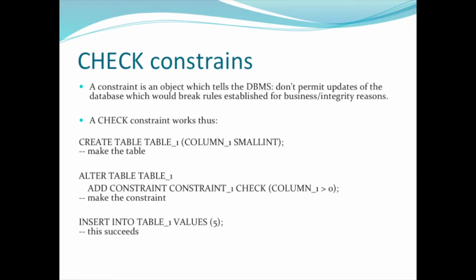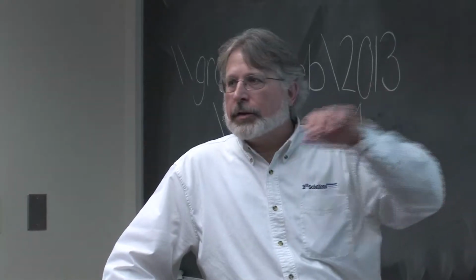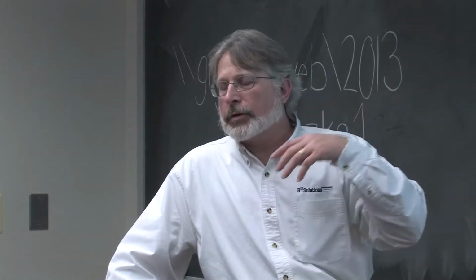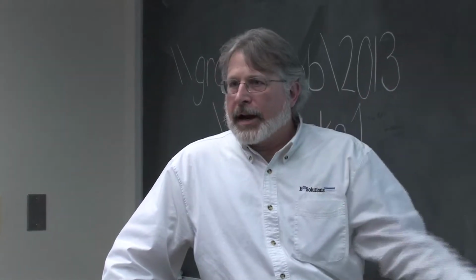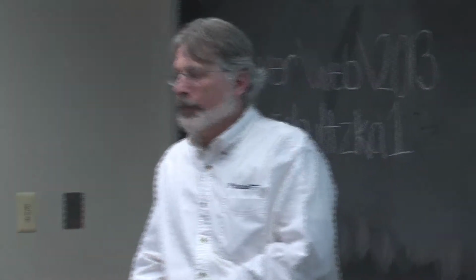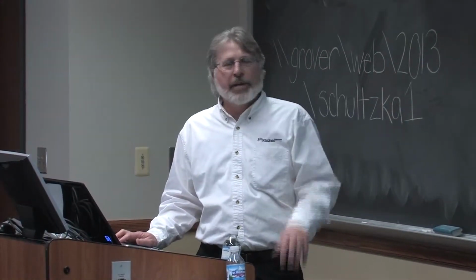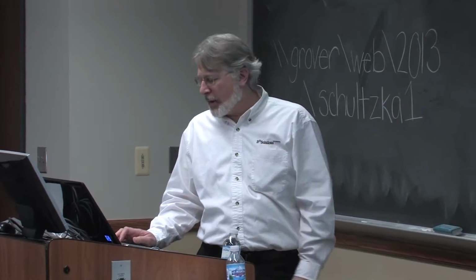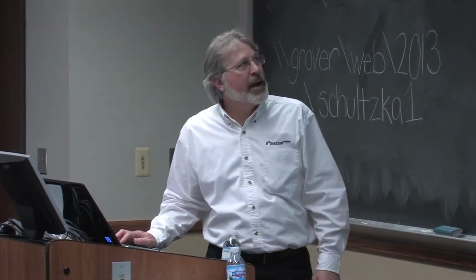You can build business rules into your database that will really enforce the integrity of your database. So software developers like us can't go in there and mess up the data just by using our programs. So what we're getting at here is have the database use its power to prevent bad data.